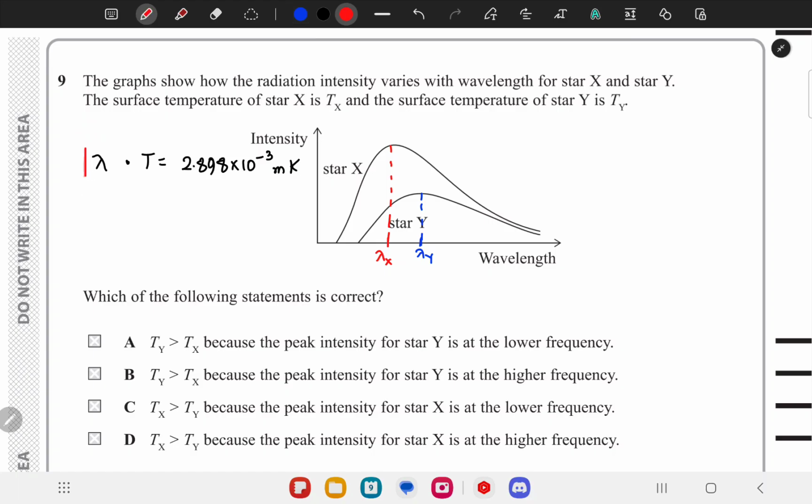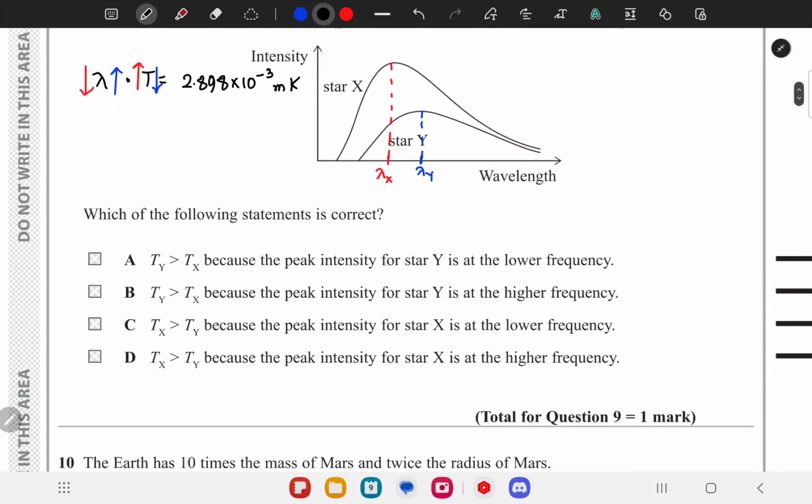For star X, lambda is smaller, so T must be greater. For star Y, the peak wavelength is greater, so the temperature must be smaller for it to be a constant. So the temperature of X will be greater than the temperature of Y.